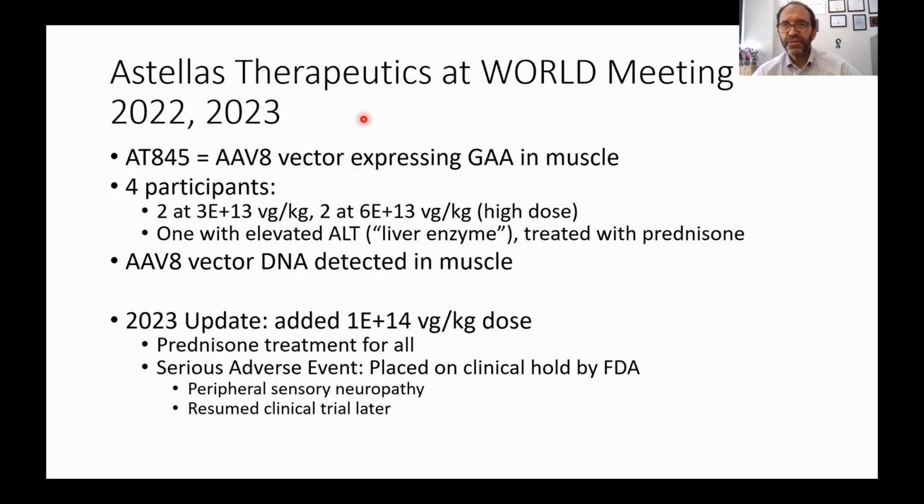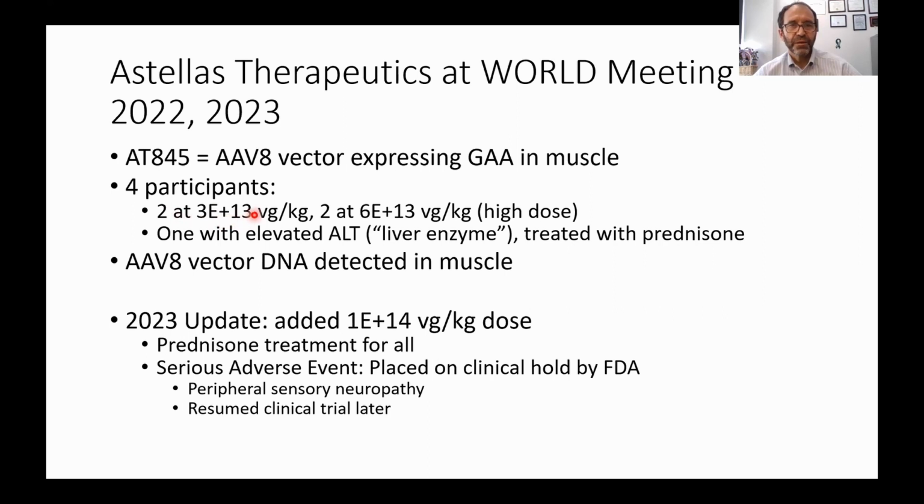With regard to Astellas, I have a little information from abstracts presented at the World Meeting 22 and 23. So their vector, AT845, is an AAV8 that's given in a high enough dose and is designed to express GAA in muscle. And initially, they talked about 4 participants, 2 at a lower dose.